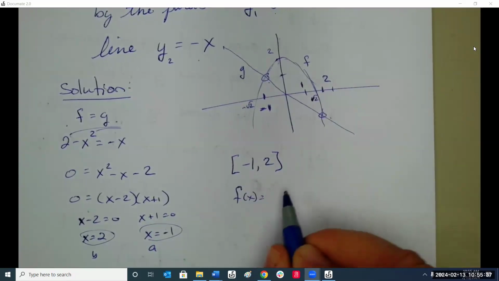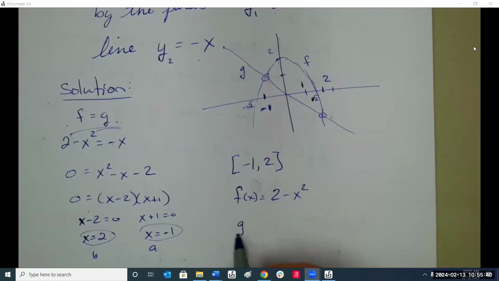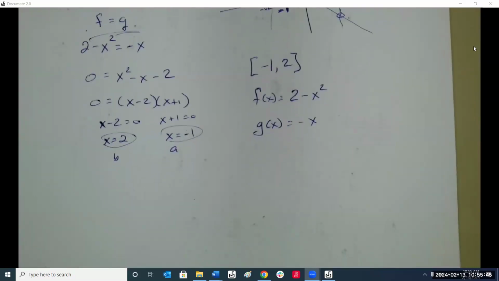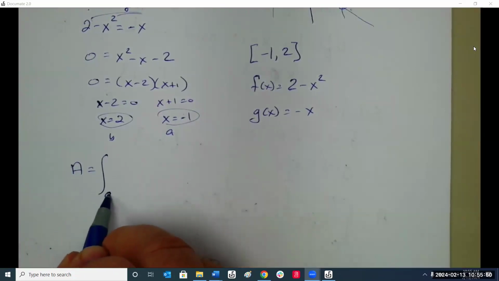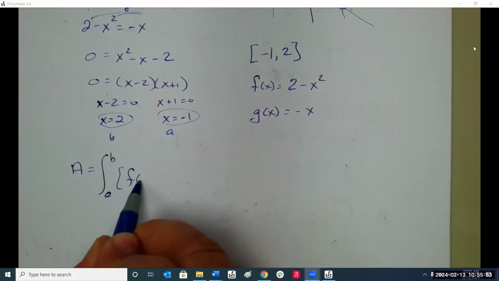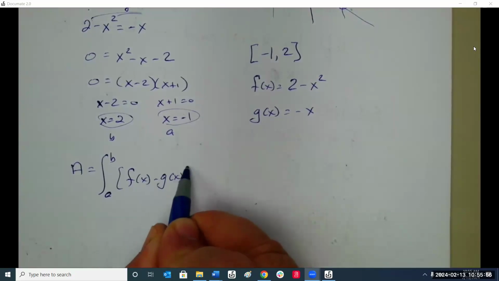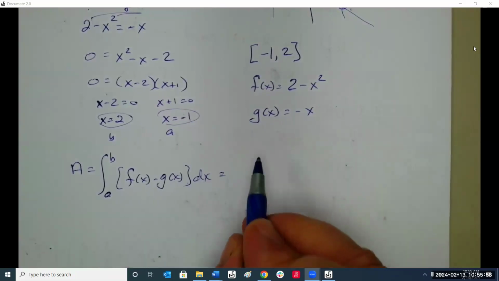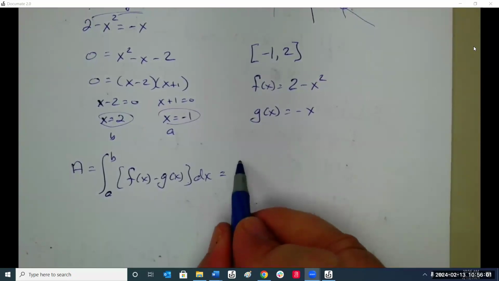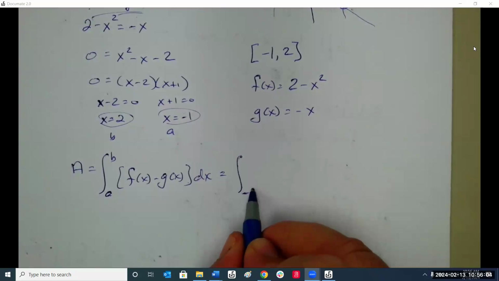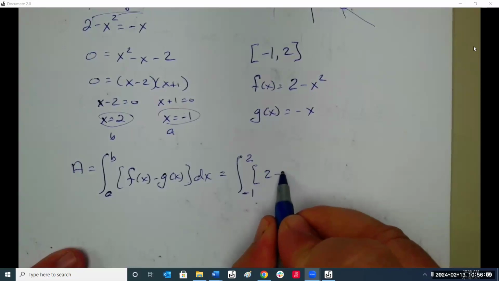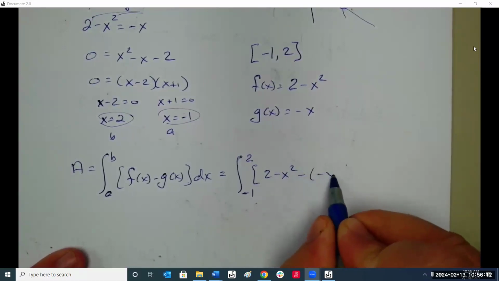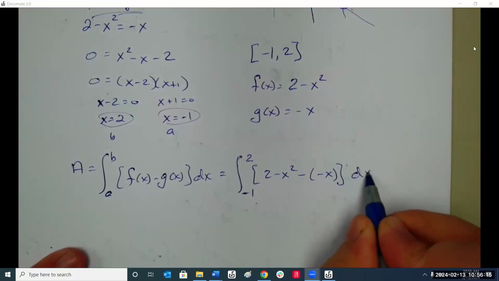f of x is 2 minus x squared. g of x is negative x. So we're looking for the area, the integral from a to b of f of x minus g of x dx. a is negative 1, b is 2. 2 minus x squared minus negative x.